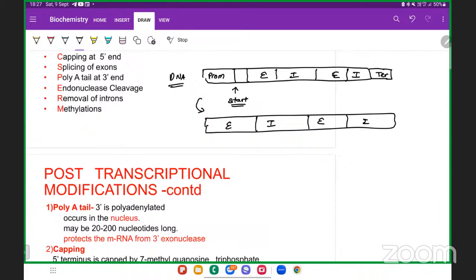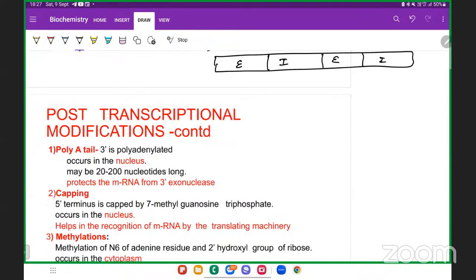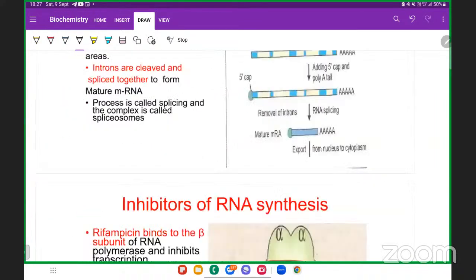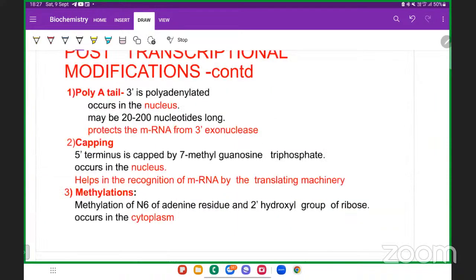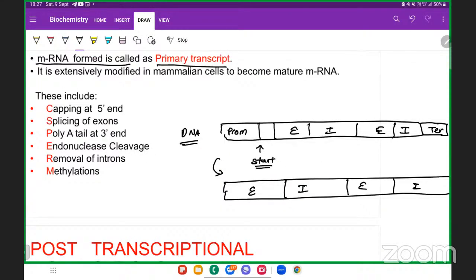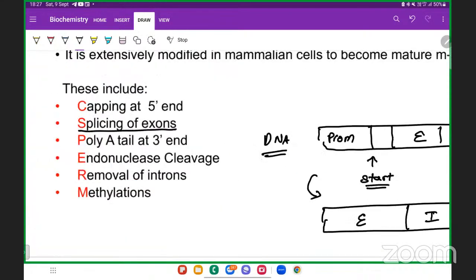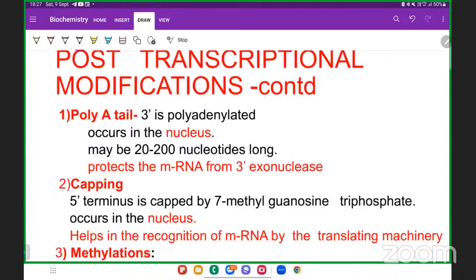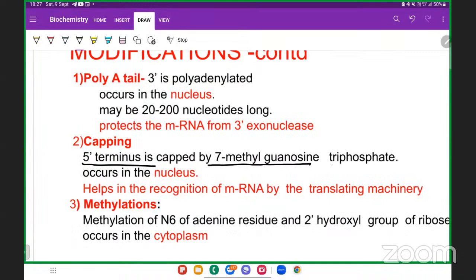Now I will tell you one by one the post-transcriptional modifications which you are going to have. Number one, you will be doing splicing. What is splicing? In the presence of spliceosomes, you will remove the introns. That is called your splicing. What is capping? At the 5' terminus, you're going to cap it with 7-methyl guanosine triphosphate.